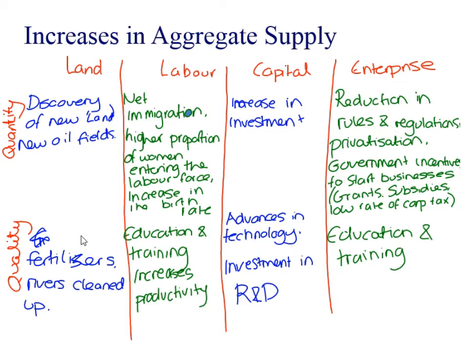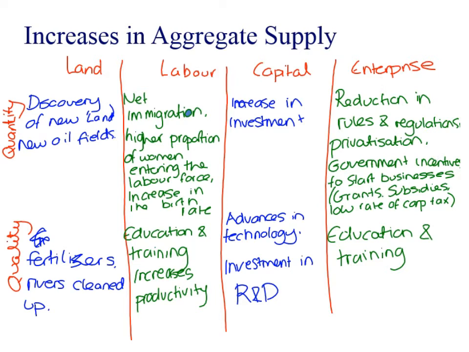Capital, just increasing the level of investment, that could be determined by the interest rate, of course, and lots of other factors, but investment in research and development or advances in technology should be able to increase the quality. Enterprise should be increased by privatisation and reduction in rules and regulations, so deregulation and government incentives to start businesses such as grants, and quality education and training should encourage the quality of your enterprise.